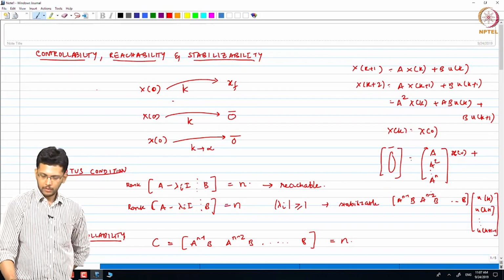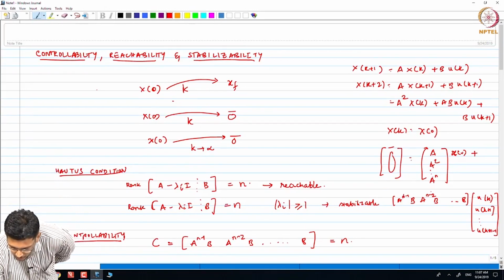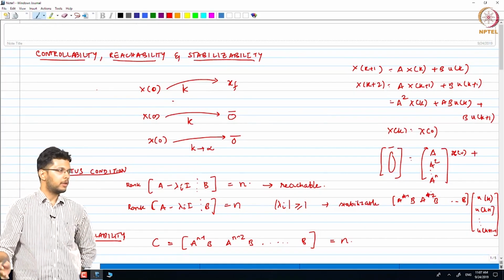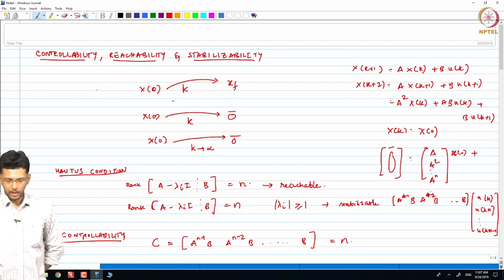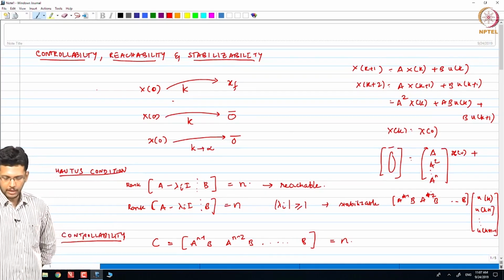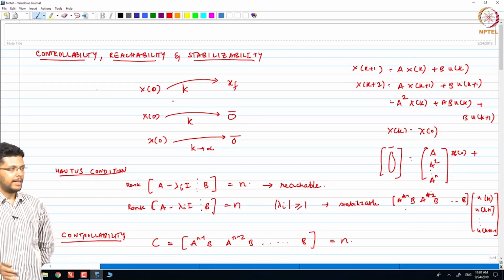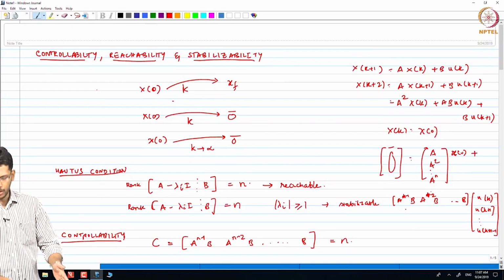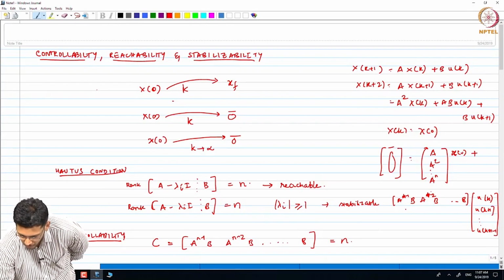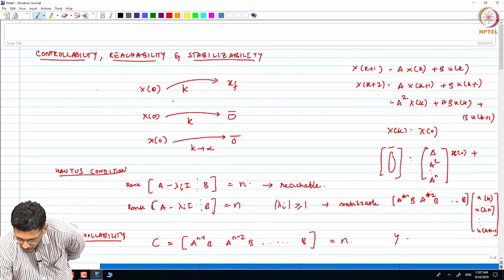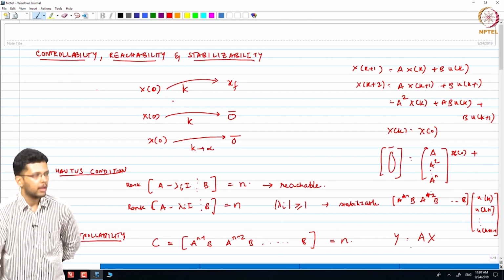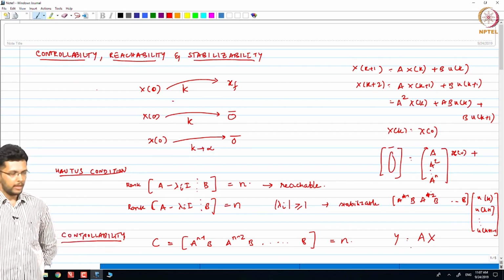So here we are saying that we are going to move the system from some arbitrary initial state to the origin. So your left hand side is of the form y is equal to Ax. It is a set of linear equations.